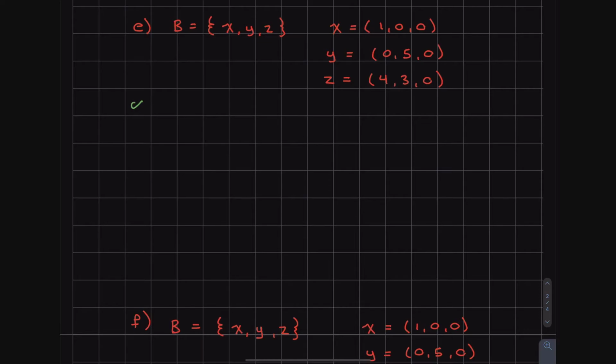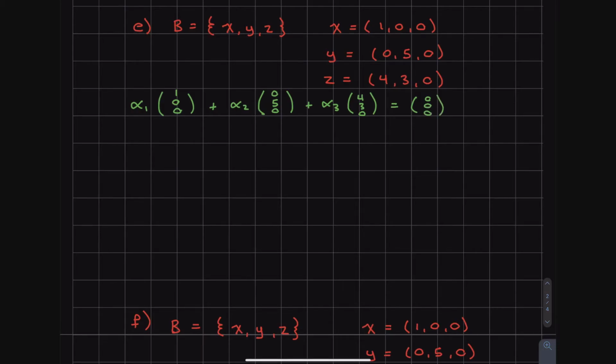We have alpha 1, and instead of 2 components, we have 3 now: 1, 0, 0, plus alpha 2 times y, which is 0, 5, 0, plus alpha 3 times z, which is 4, 3, 0. This is going to be equal, of course, to the 0 vector, so 0, 0, 0.